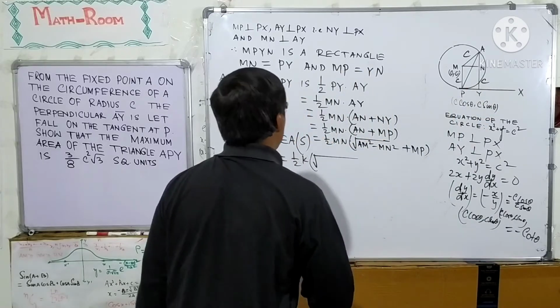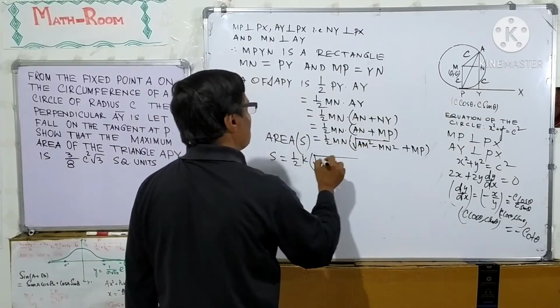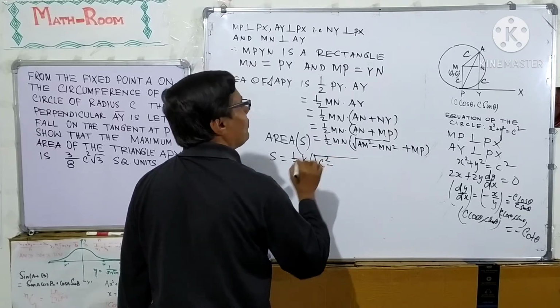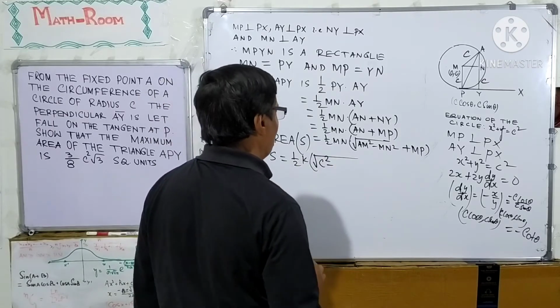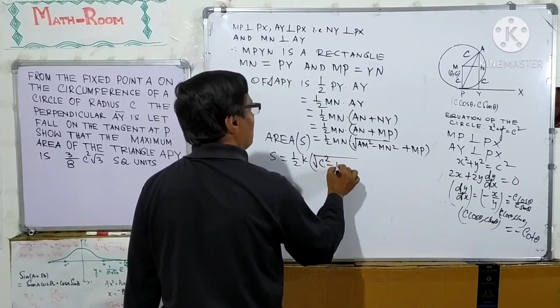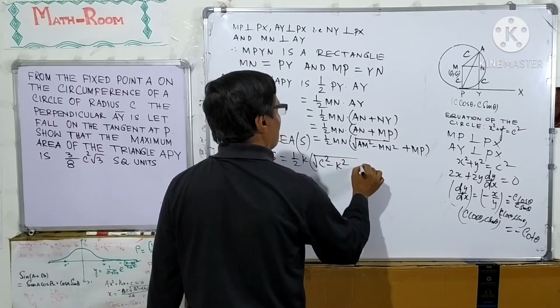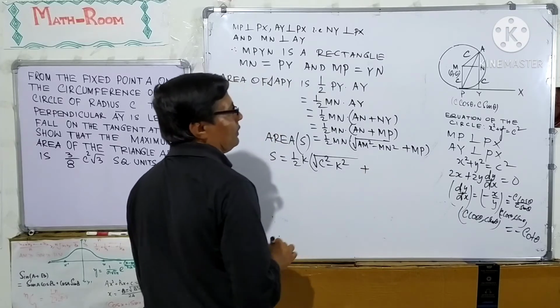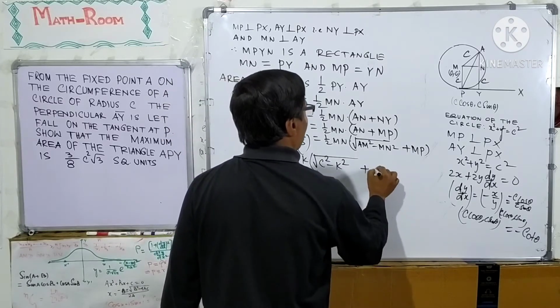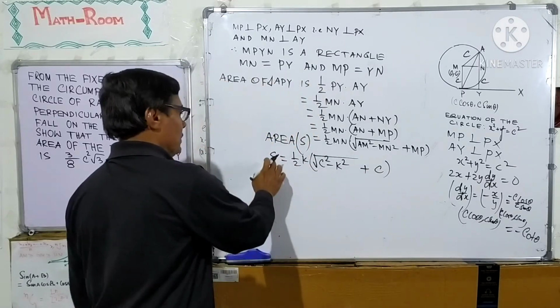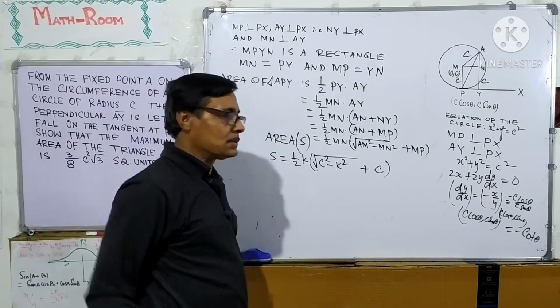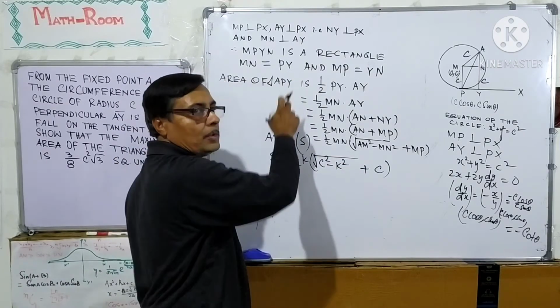So, AM square is c square minus MN square. MN is k, that is k square, plus MP. MP is c. That is the area S, the area of the triangle APY.